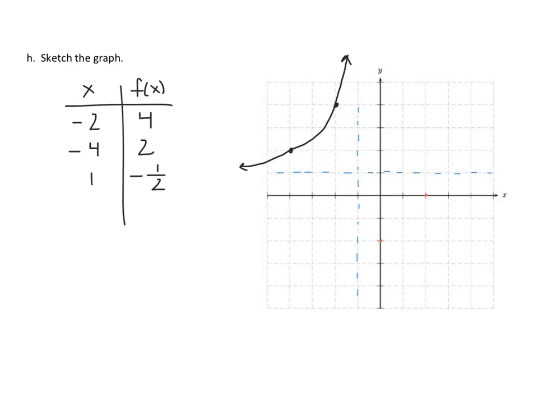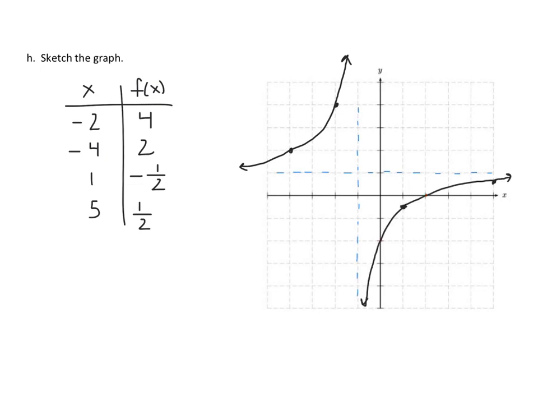And if I choose 5 for x, we get a function value of +1/2. So I'll plot those as additional points on our function. Now I can connect these 4 points, keeping in mind that our function is increasing and it is also concave down. So there's our graph of our rational function.